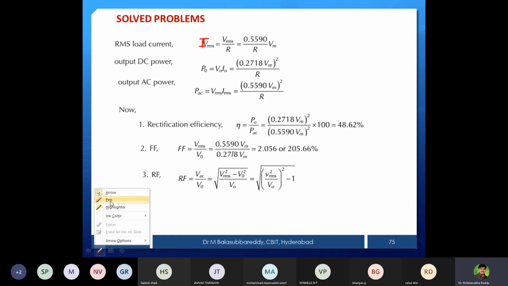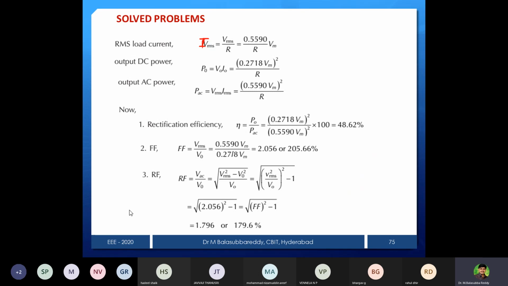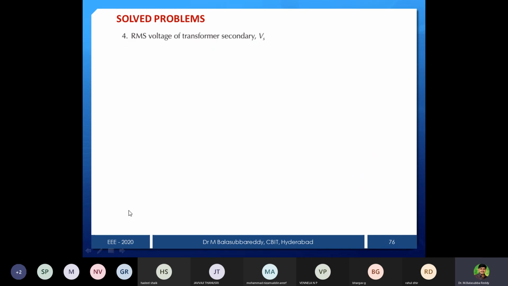Instead of writing this much, simply you can make it root of form factor square minus 1. So that will give the ripple factor, and the value will be 1.796.